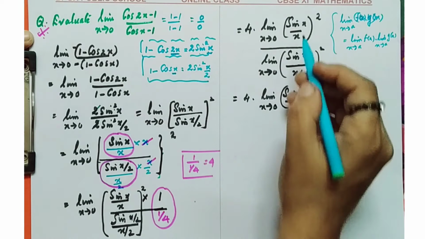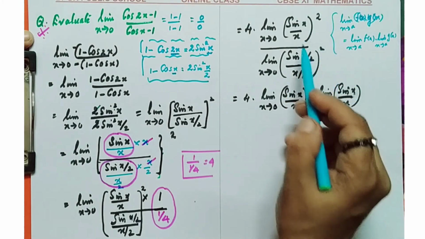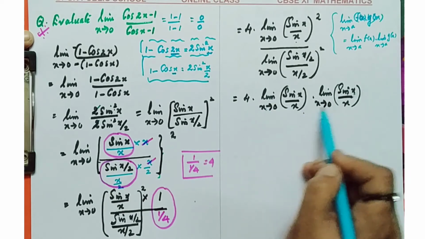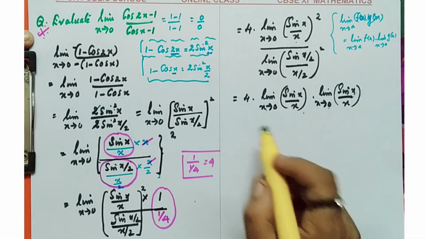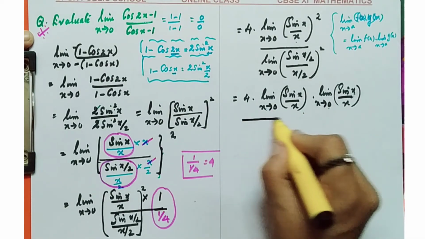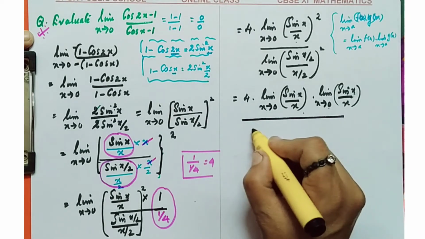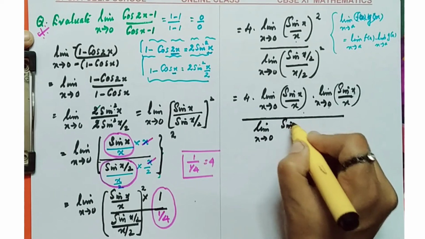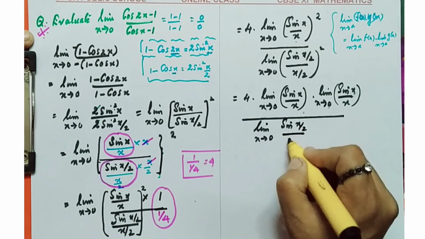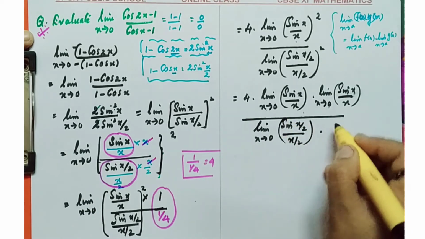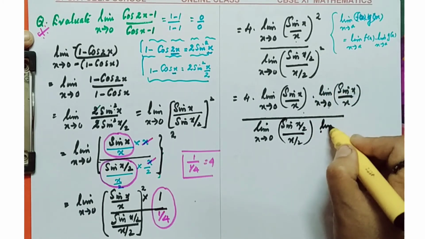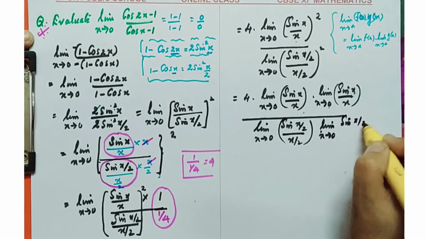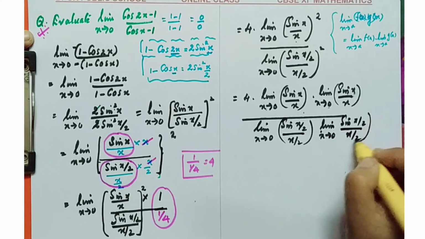So sin x by x the whole square is equivalent to sin x by x into sin x by x. That when separating with the limit can be given as two separate limits, the whole divided by. The same is the case for the denominator also: limit x tends to 0 sin x by 2 by x by 2, and one more limit, as it is a square, limit x tends to 0 sin x by 2 by x by 2.